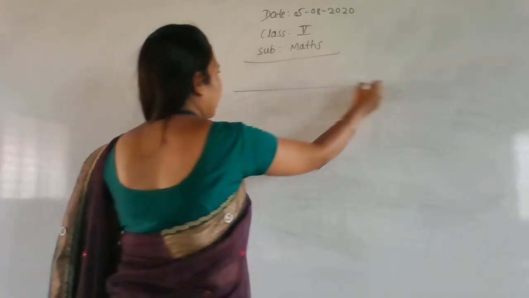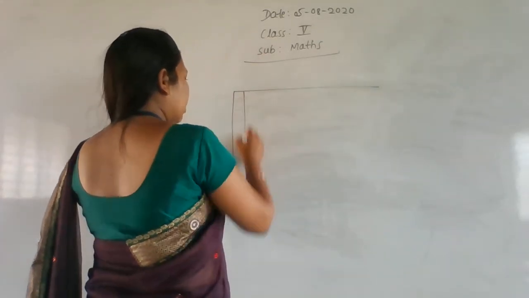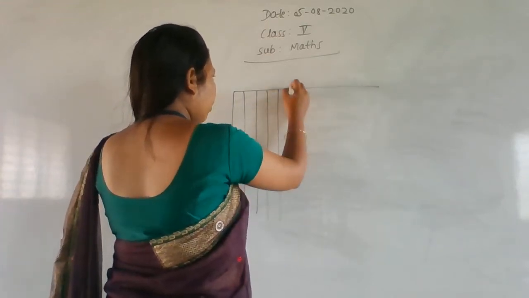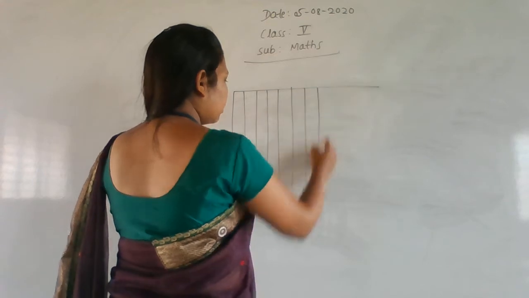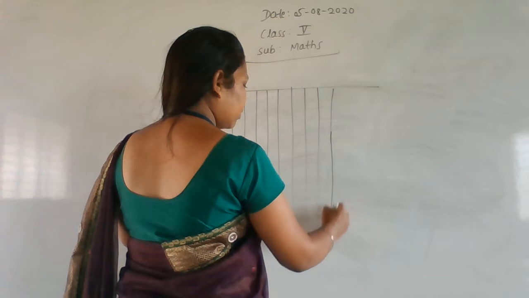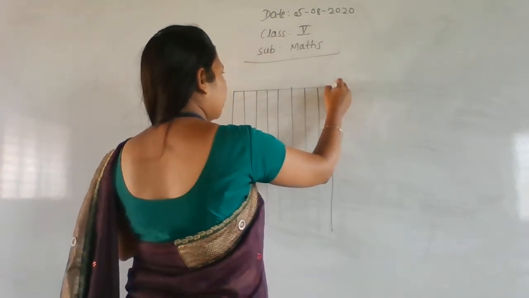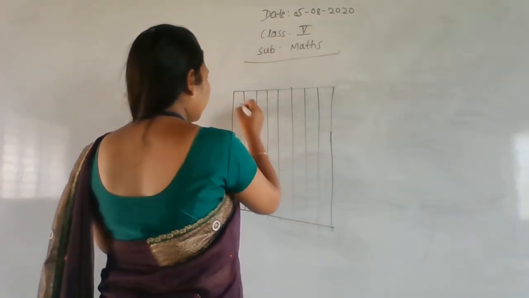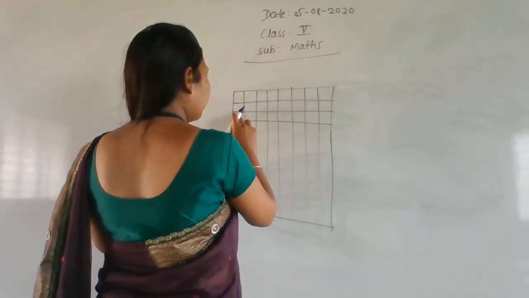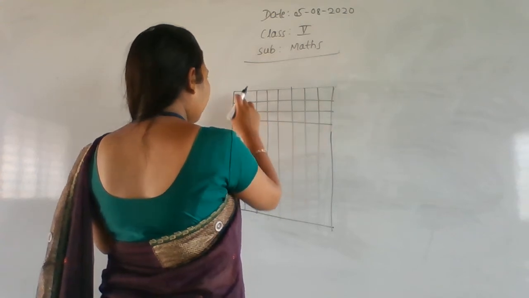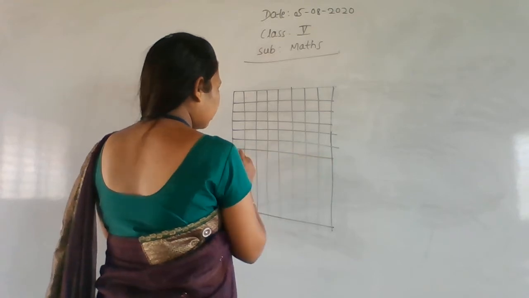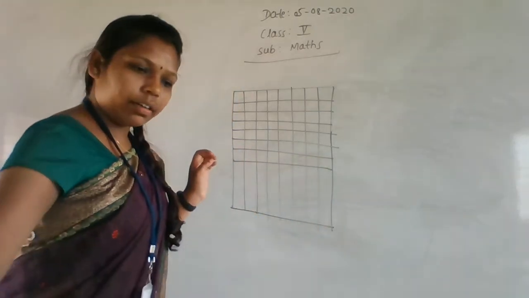Okay, I will draw the diagram here. We will get to know that there are 8. Here, 1 to 8, and 1 to 7, only this much they have given here.